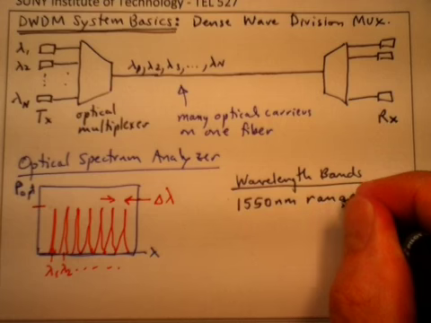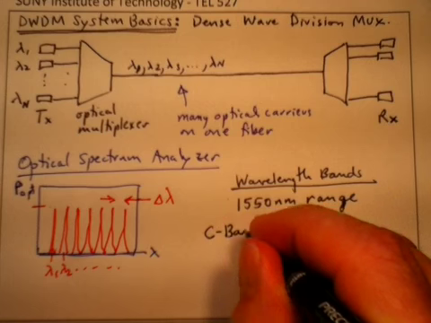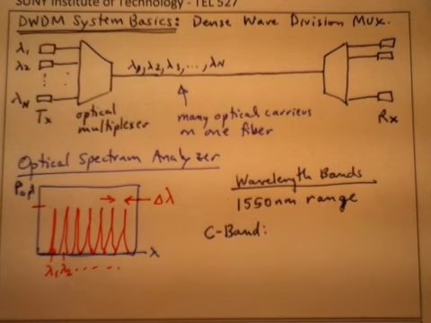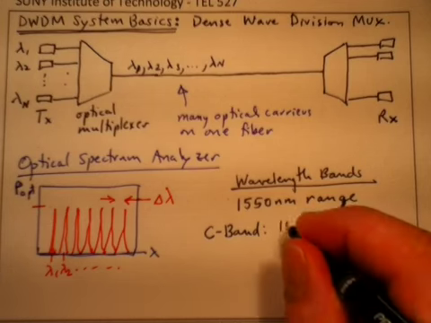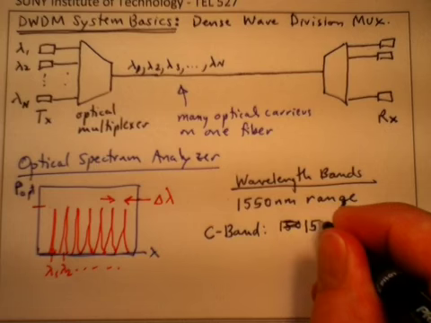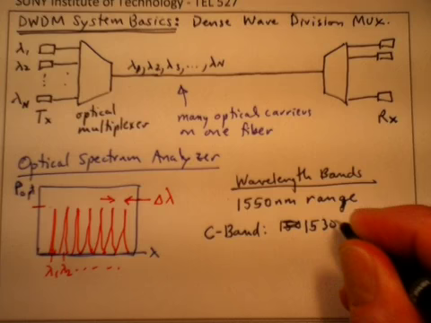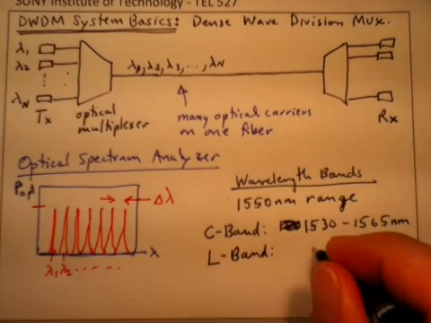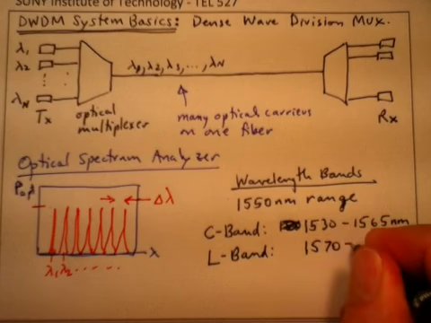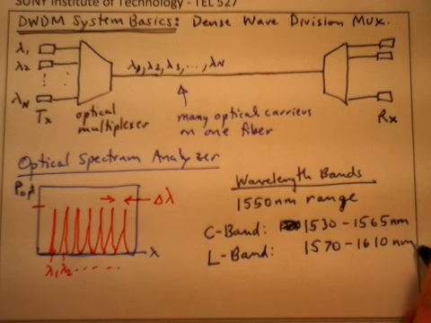And that wavelength range is divided up into two different bands, the C band, and I'm just going off the top of my head, more or less 1530 to 1565 nanometers, and then the L band, which is more or less 1570 to 1610 or 1615 nanometers, something like that.